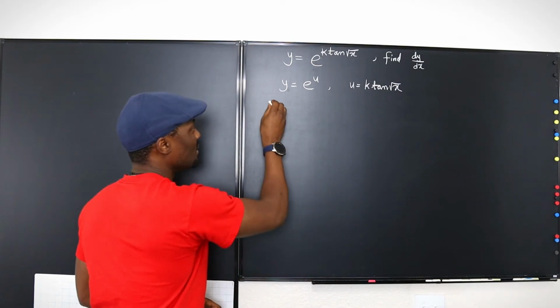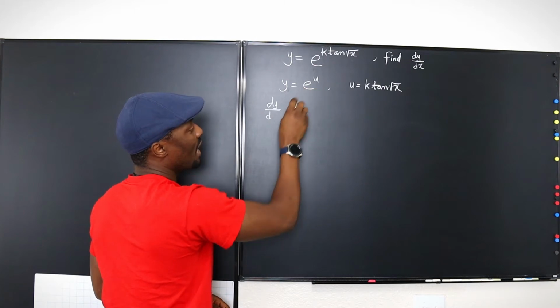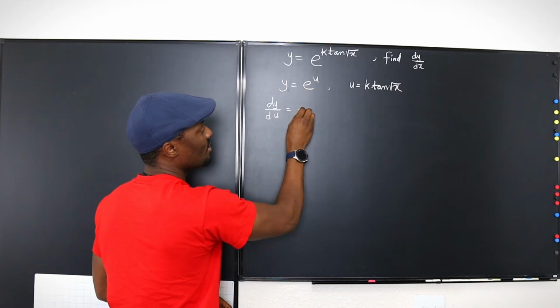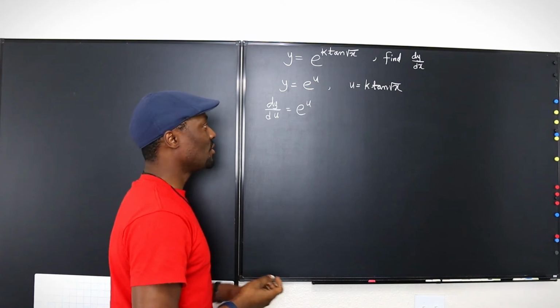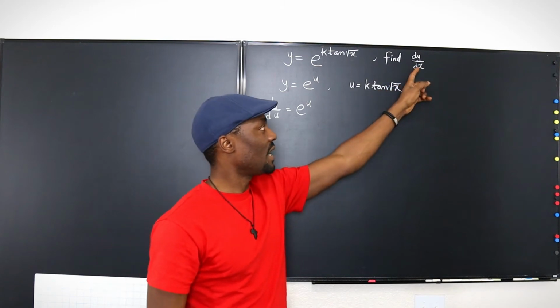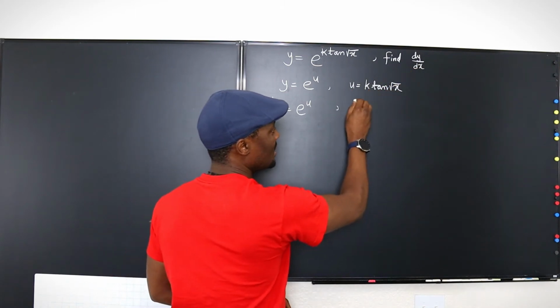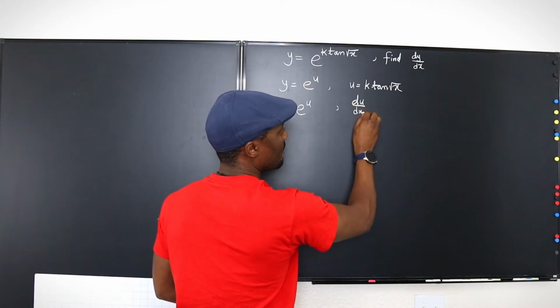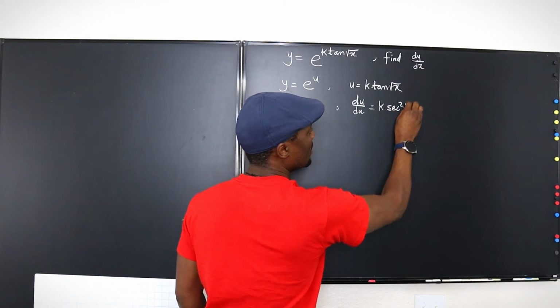So we have dy du. If you do dy du, what you get here is going to be e to the u. Remember, our mission is not dy du, our mission is dy dx. Now we can differentiate u with respect to x. We can say du dx will be equal to k secant squared square root of x.